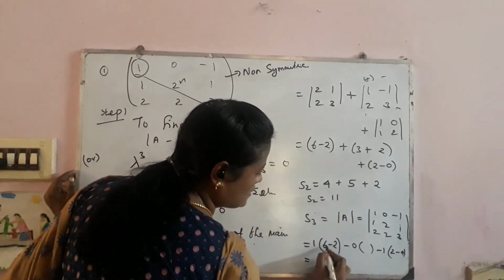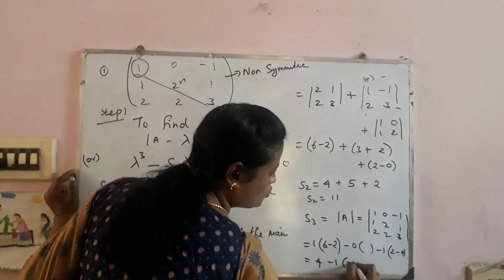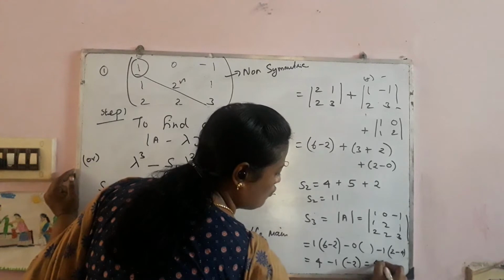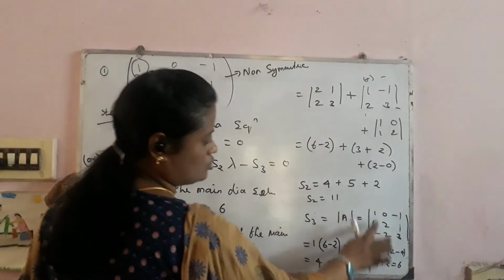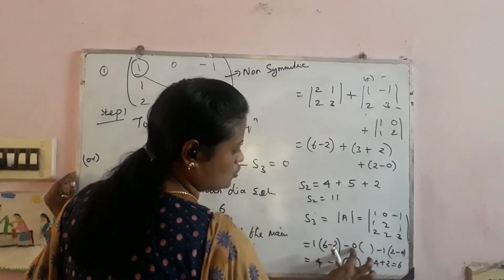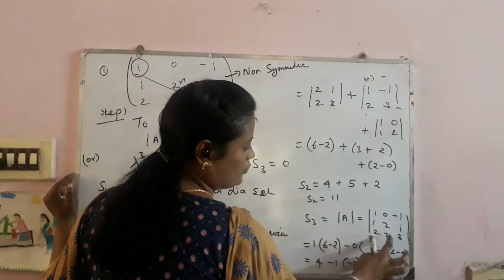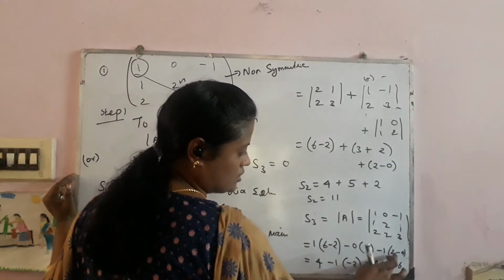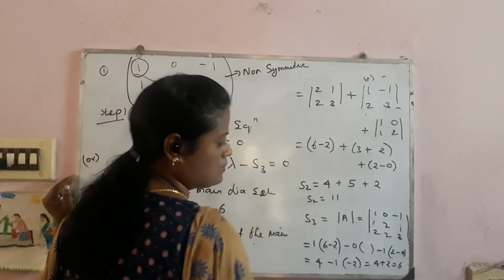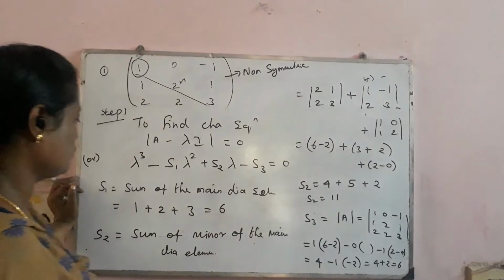So the answer is 6 minus 2 is 4, minus 1 into minus 2, that is 4 plus 2, which is equal to 6. Is it correct? So 6 minus 2, 0 into anything is 0, minus 1, leave the corresponding, 2 minus 4. 6 minus 2 is 4, this is 0, minus into minus is plus, so the answer is plus 6.